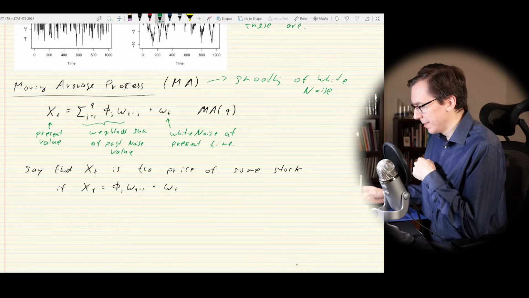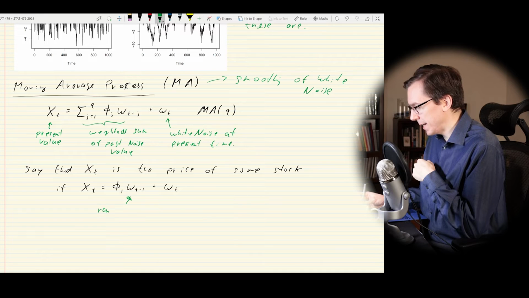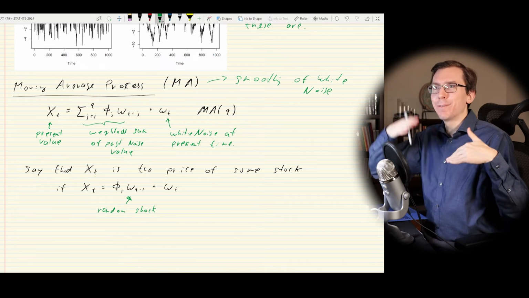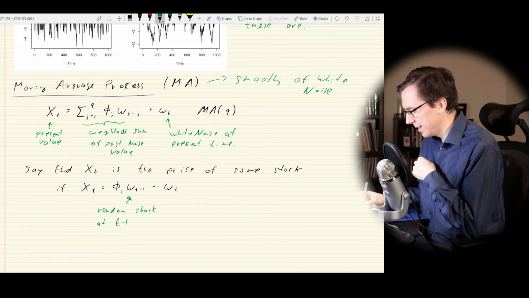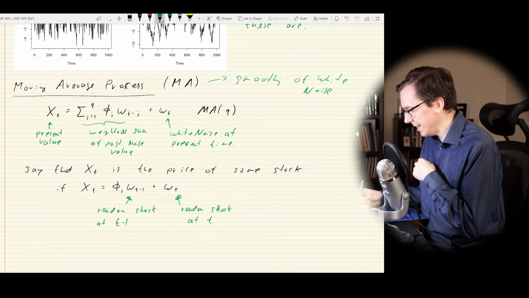Then this would basically be saying that w_{t-1} is a random shock or random fluctuation in the market at t-1, and this would be sort of a random shock to the price at t.